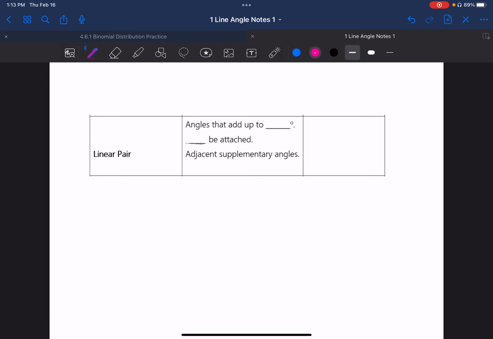A linear pair, think about that. We've got linear, while a line usually looks like y equals mx plus b. And we draw it like this. We've got a line, and well, what does pair mean? Well, pair means two. So we've got two lines here. So we've got angles that add up to, well, looking at this, I've got a full rotation.